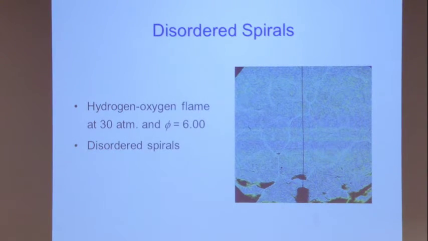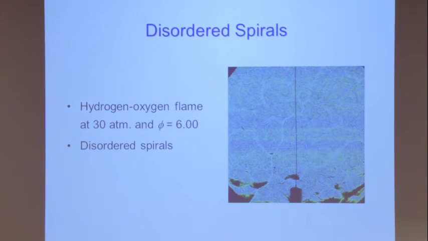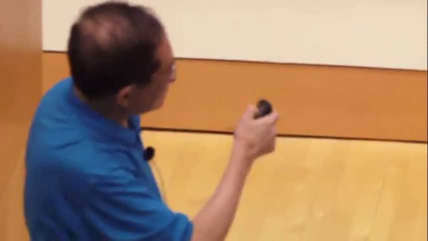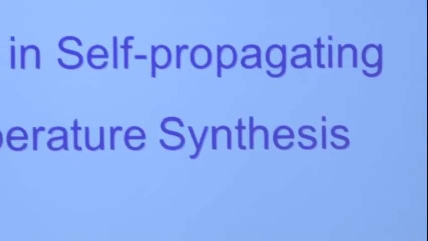If you study nonlinear mechanics, you have a target pattern, which is a perfect spiral, and then you get spirals, and then you get disordered spirals. If you look carefully in the figure, they have all sorts of things. Disordered spirals, and that's okay. That's good enough. All right, so I'll see you guys at the reception banquet.